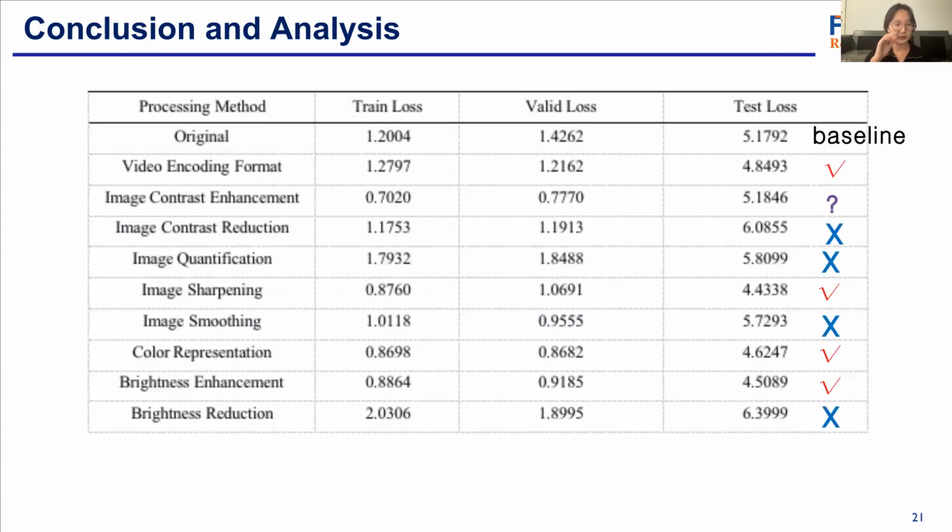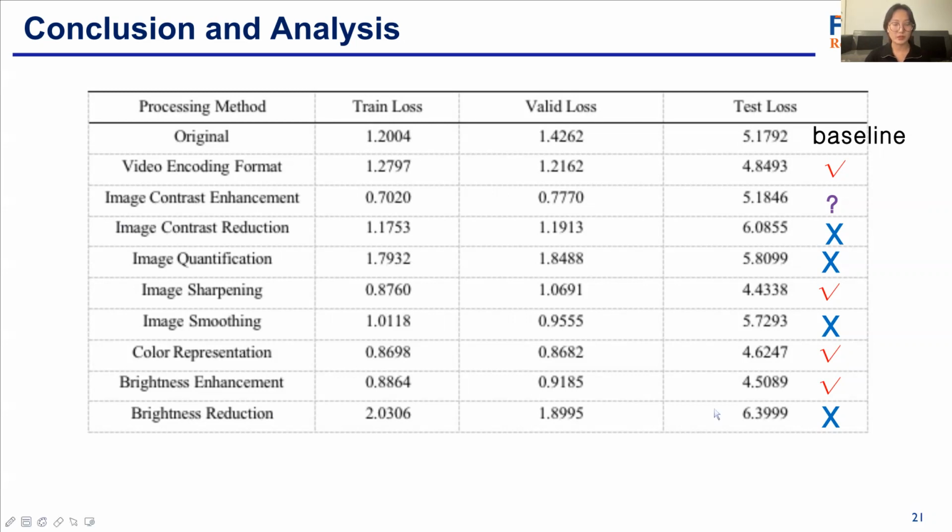Then these are the specific training loss, valid loss, and test loss corresponding to each type of data. By comparing with the baseline, we can conclude that applying video encoding transform, image sharpening, rescale, scaling, and brightness enhancement techniques can improve the accuracy of the lane keeping model.